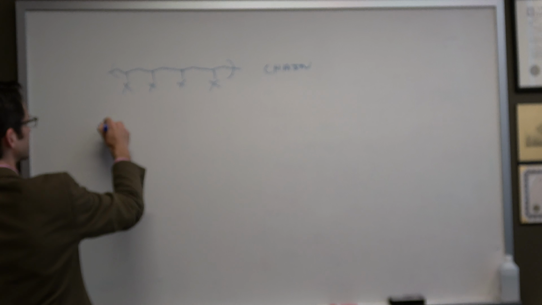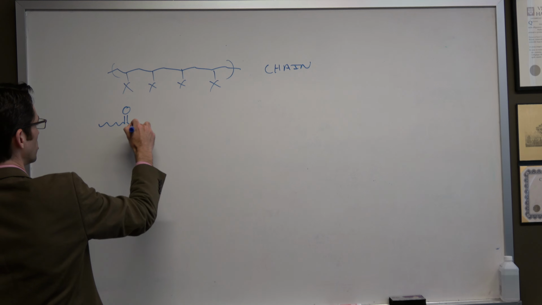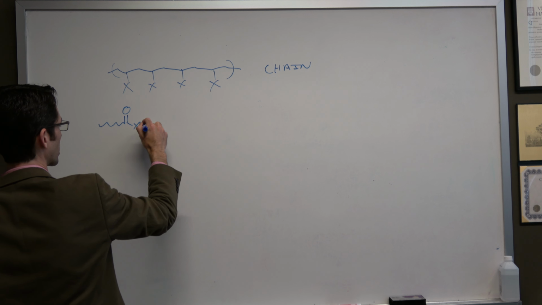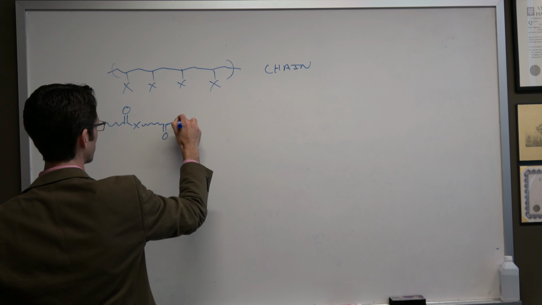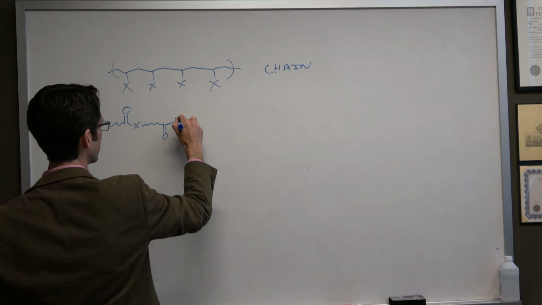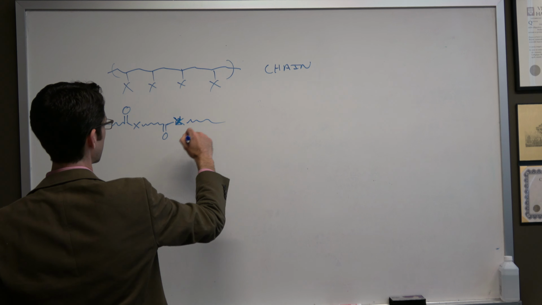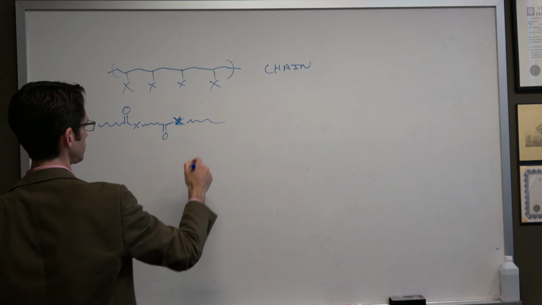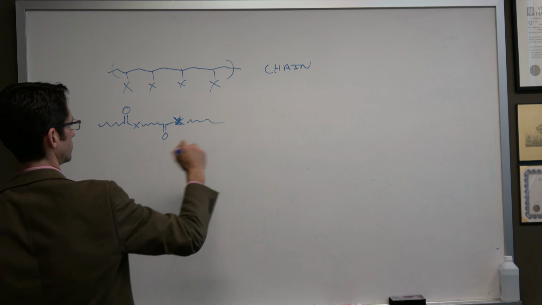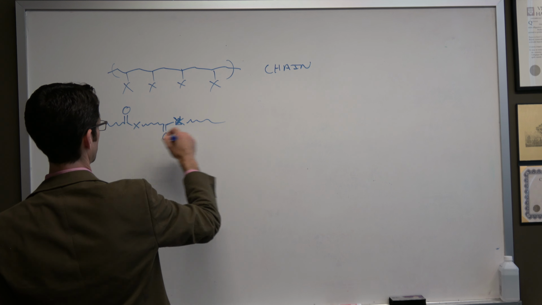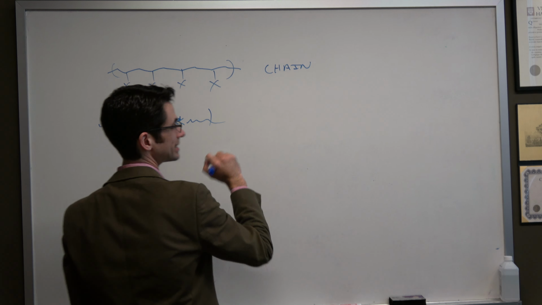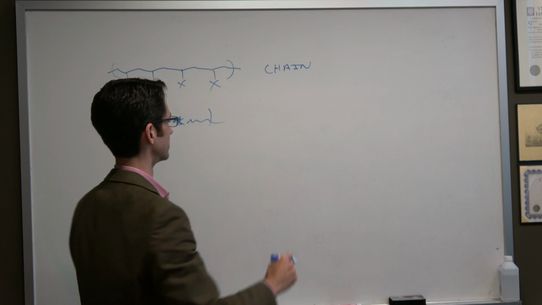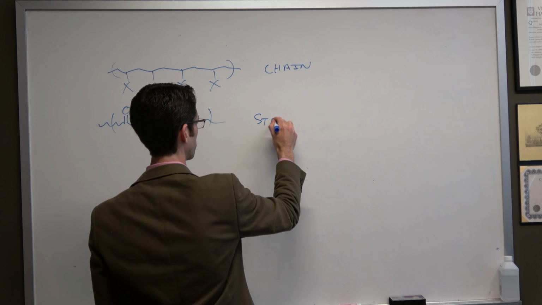However, if we have something that has C double bond O and something in the backbone other than carbon, we'll just say it's X, then so far in the class, this has all been step growth.